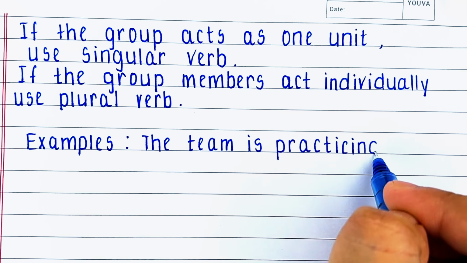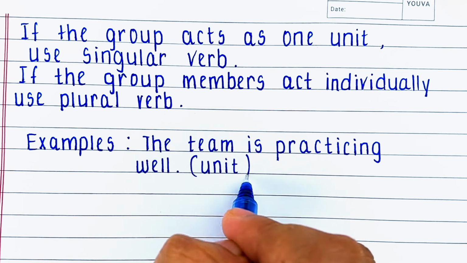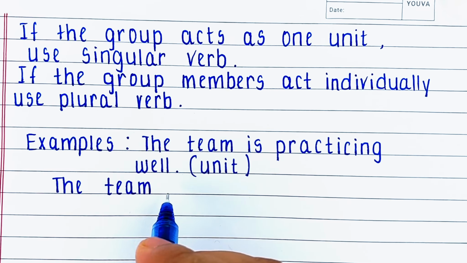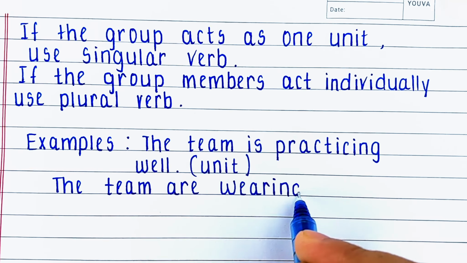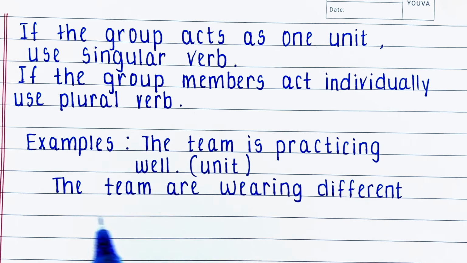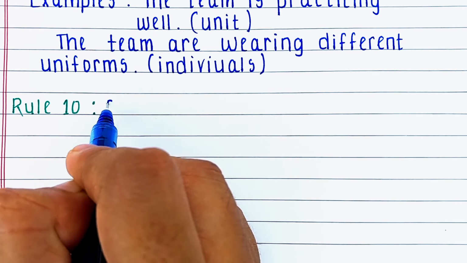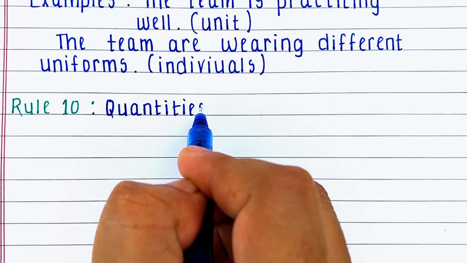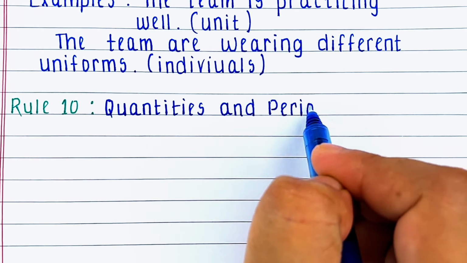Let us understand with the help of examples. The team is practicing well. Here, the team is one unit, so we are using is, that is a singular verb. Second example, the team are wearing different uniforms. So here, we are talking about different team members' uniforms and we are treating them as individuals. So we are using are, that is a plural verb.